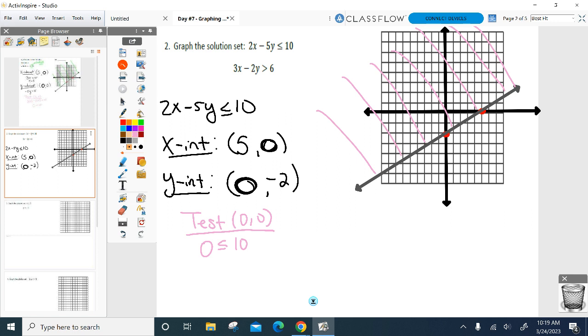And then we got one more to graph. Everyone doing all right? All right, let's graph that next one. If you haven't done so already, I'll give you some time to find the x and the y intercept.